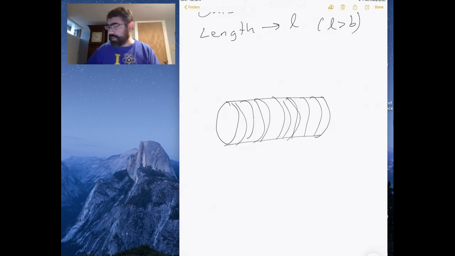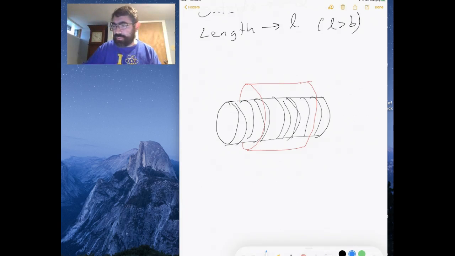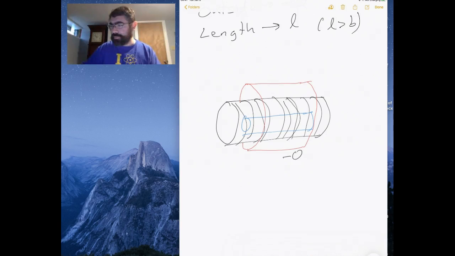Outside the solenoid, I have a cylinder like so. And then on the inside of the solenoid, I have another cylinder like this. And then these cylinders have charge on them.